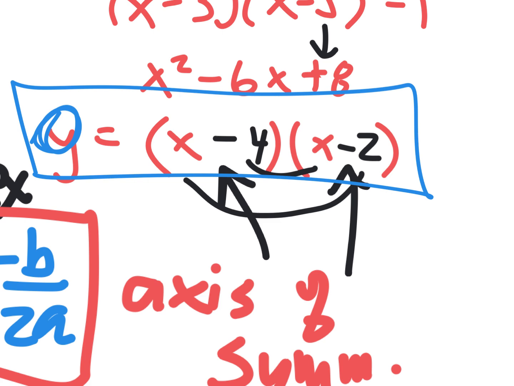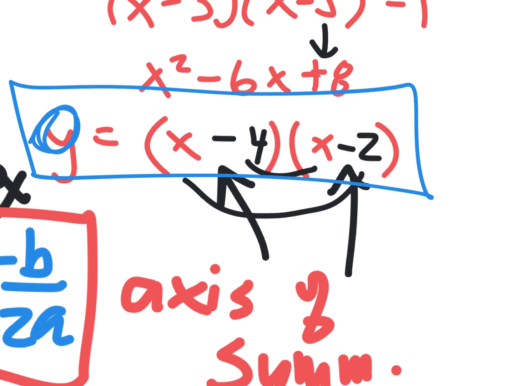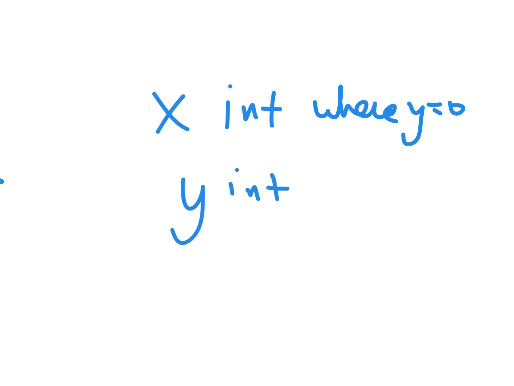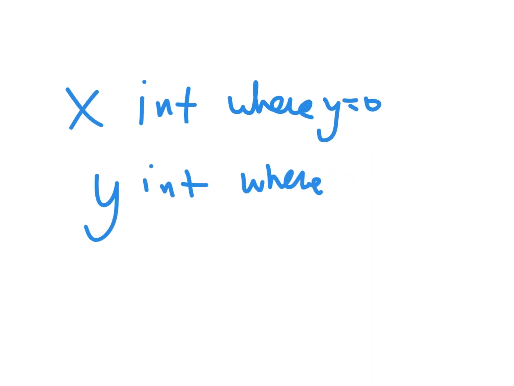So the x-intercepts are where y is 0. What are the y-intercepts? Where x is 0. X int where y equals 0. And the y int is where what? X equals 0.